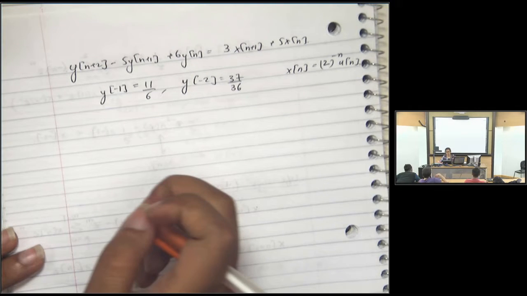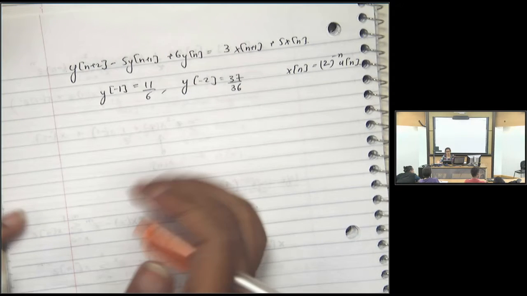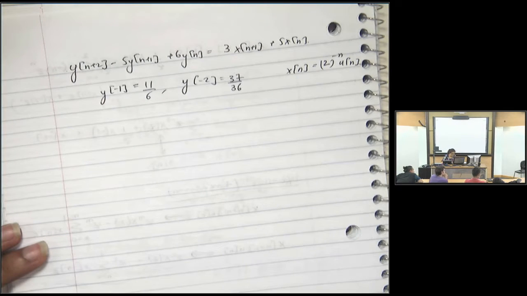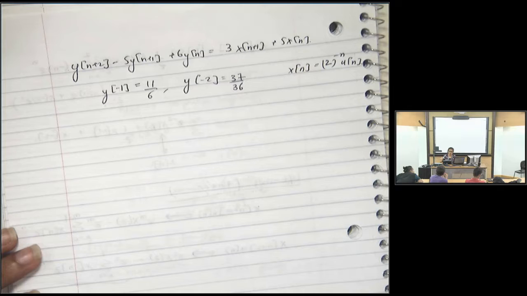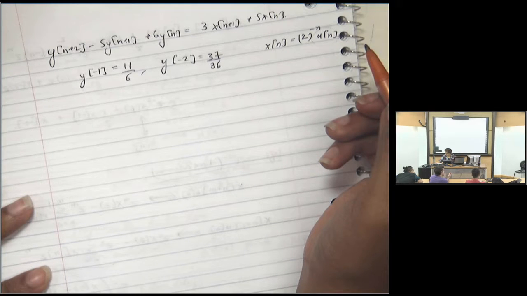Yeah, so u of n is just showing you that it's causal, nothing else. Oh, okay. You don't touch u of n. So u of n over here also, it's only showing you that it's causal. It's only starting at 0 and everything before 0 is 0. So you don't take its z transform.